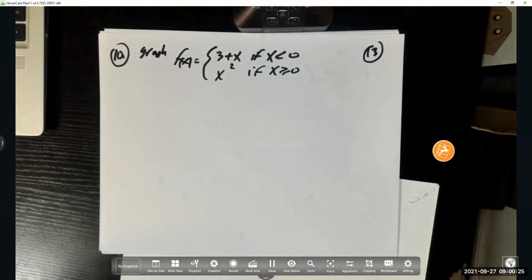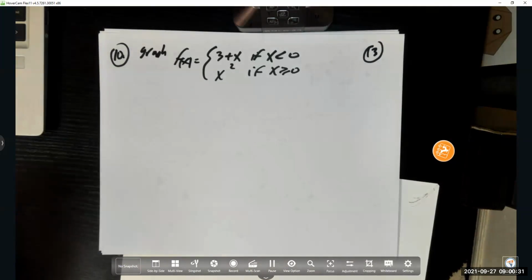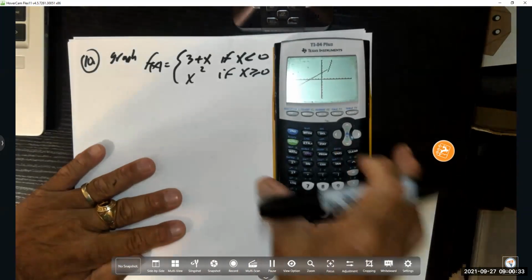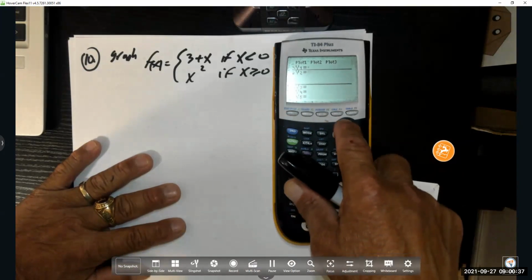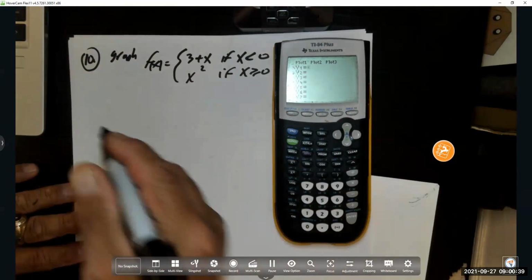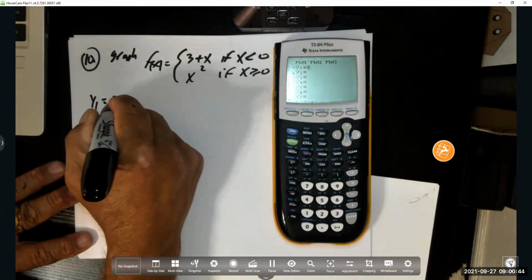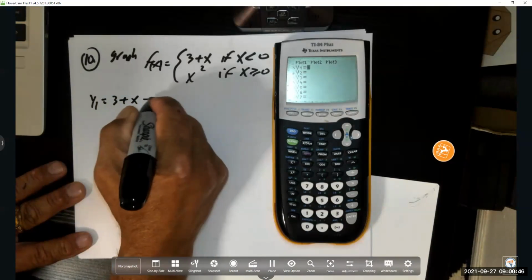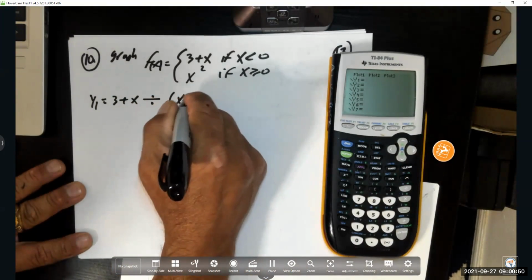Okay, there it is. So now let me draw this thing here. All right, first thing I do, Y, clear it. Okay, let's do the first graph, this one. So Y1 is going to be 3 plus x, division symbol, x is less than 0.